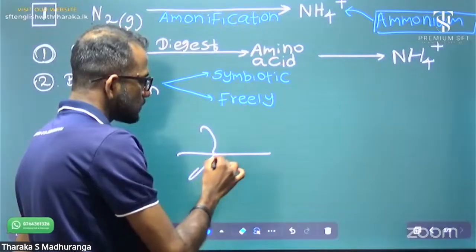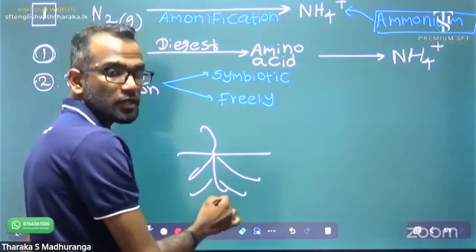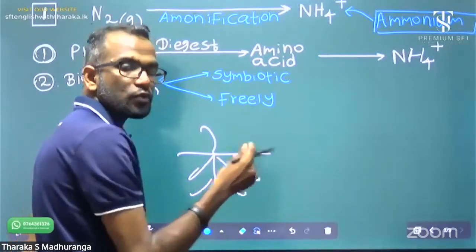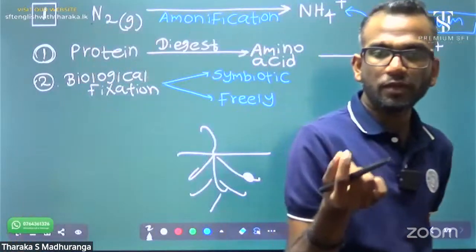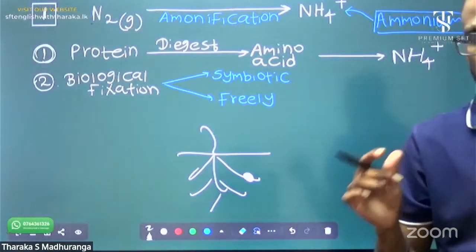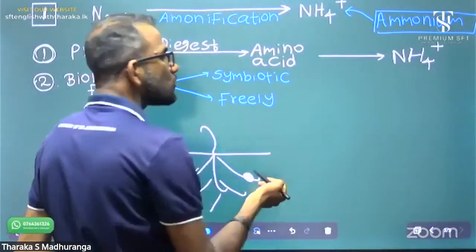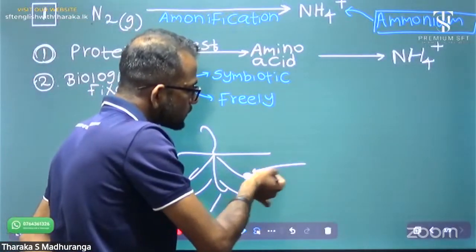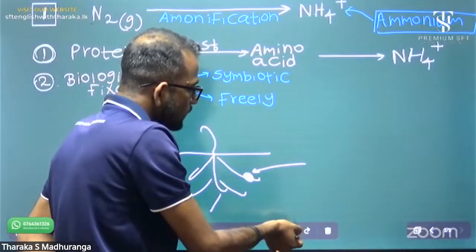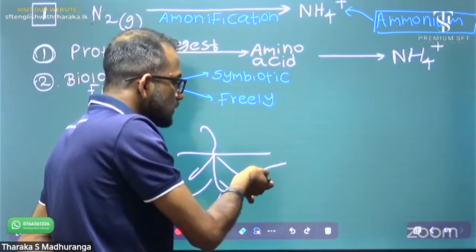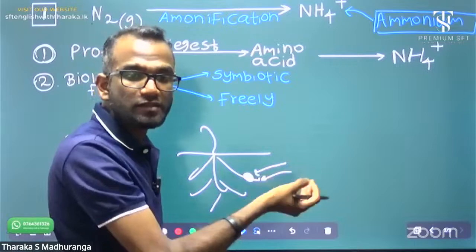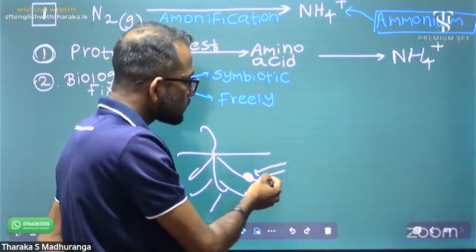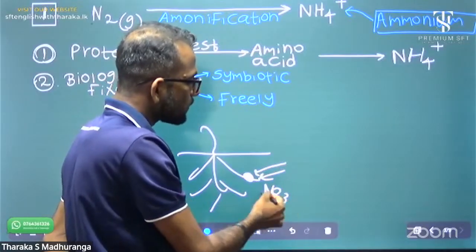Leguminous plants, like soybean, have root nodules. These root nodules contain Rhizobium bacteria. What are these bacteria doing? They absorb nitrogen and utilize it, and as a result the plant obtains ammonium ions.